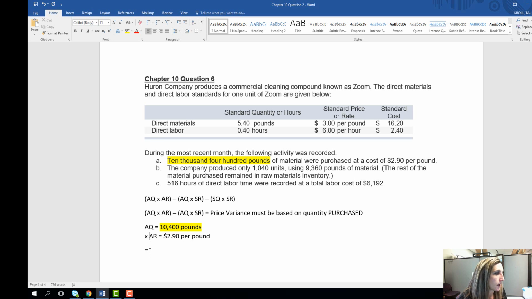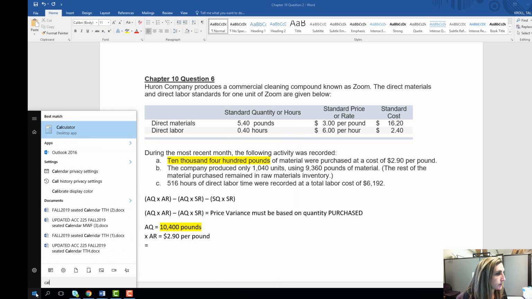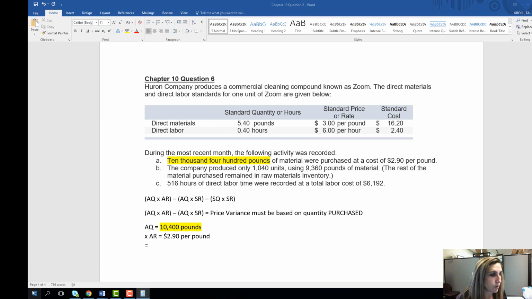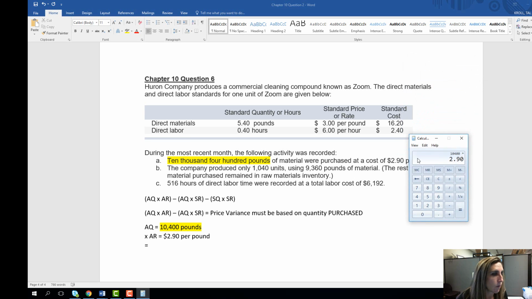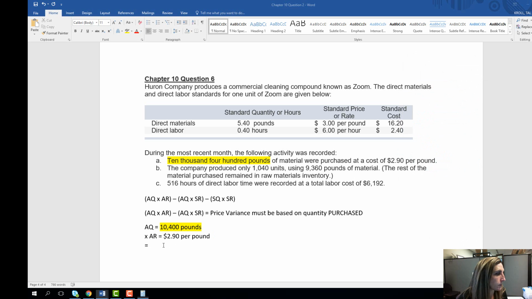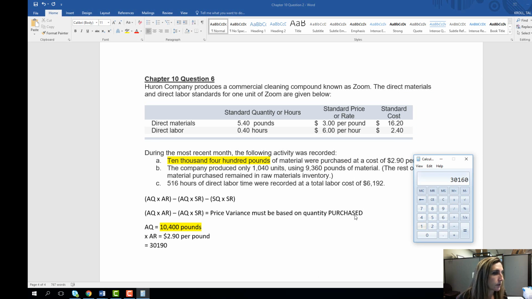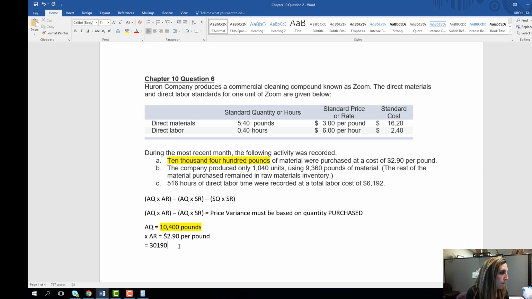If I multiply these two on my calculator here, 10,400 times $2.90, it says that equals 30,160, sorry. Okay. So that will be our start of the problem.